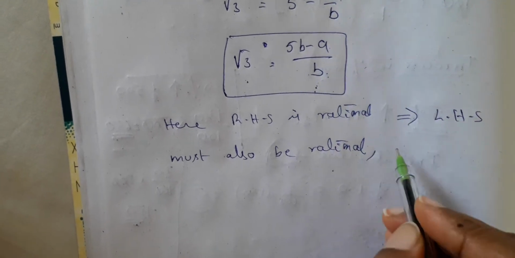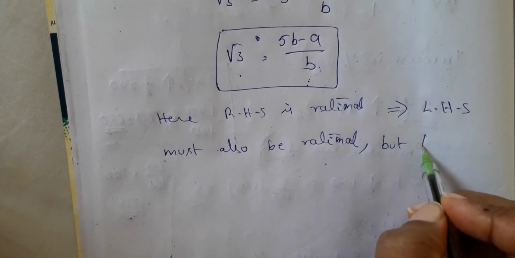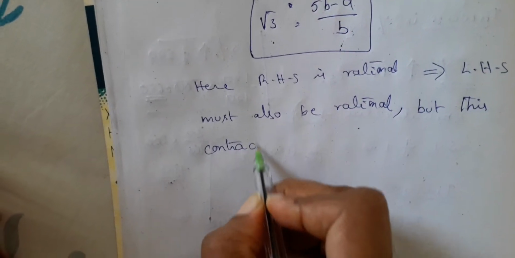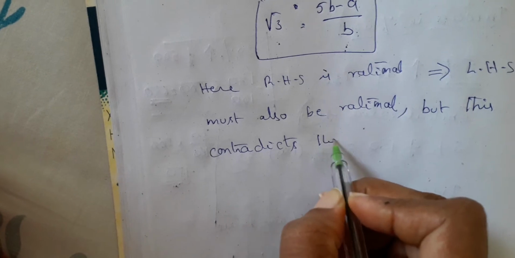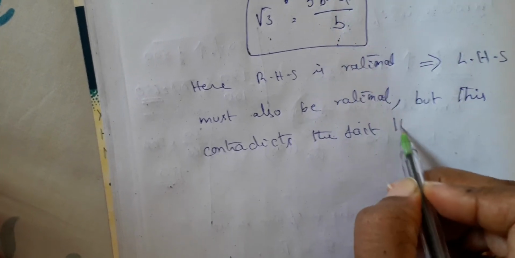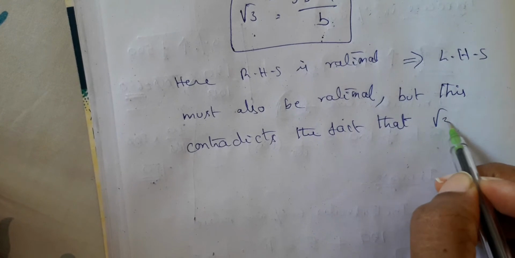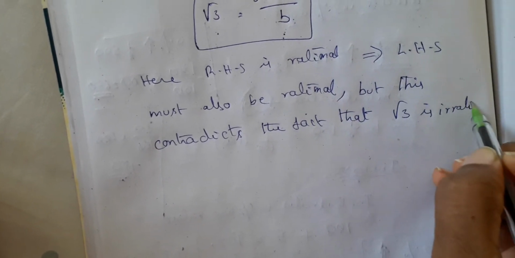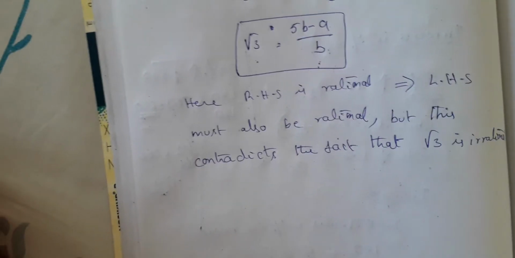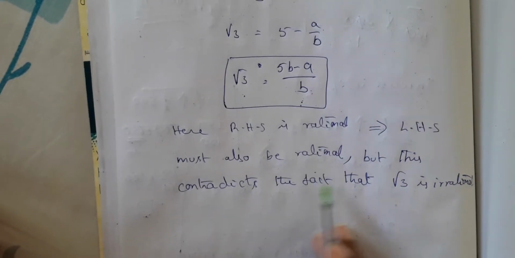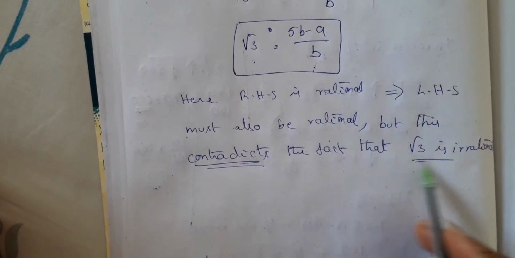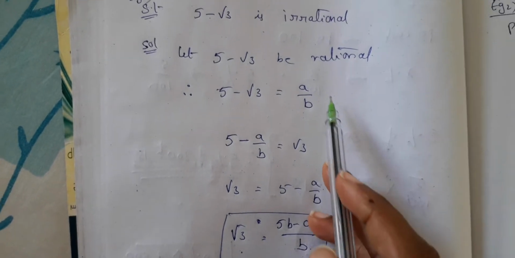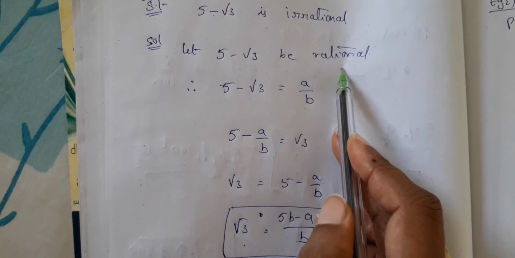But this contradicts the fact, is it not? What fact? This contradicts the fact that root 3 is irrational. In examples itself we have seen root 3 is irrational. So whenever this contradicts that root 3 is irrational, what we have assumed, that 5 minus root 3 is rational, is wrong.